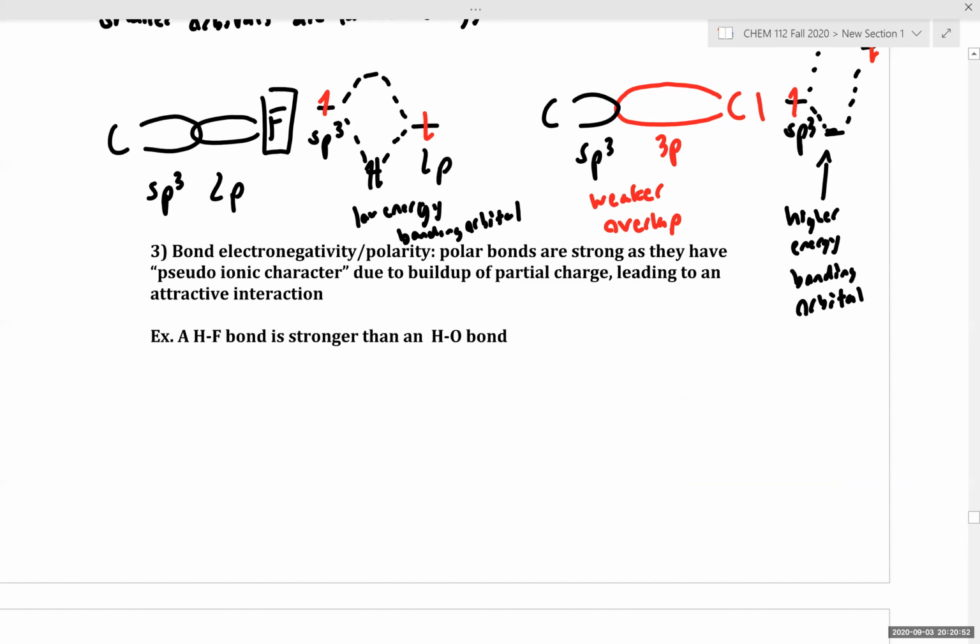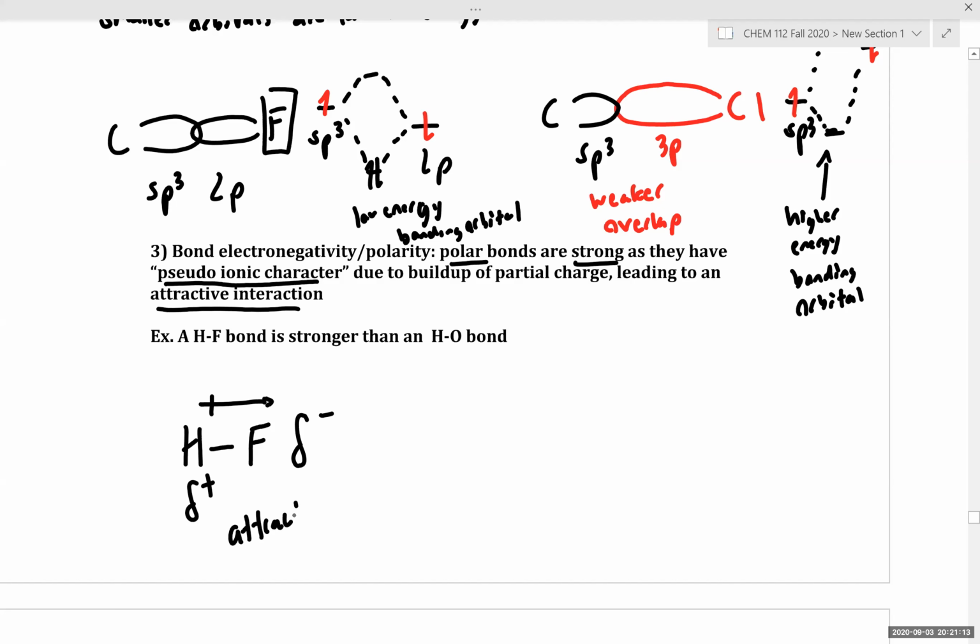So bond electronegativity. Polar bonds are stronger as they have more pseudo-ionic character, and we end up with this attractive interaction. So for your hydrogen-fluorine bond, we generate a lot of partial negative character on fluorine and partial positive character on hydrogen, and this leads to an attractive interaction between atoms.